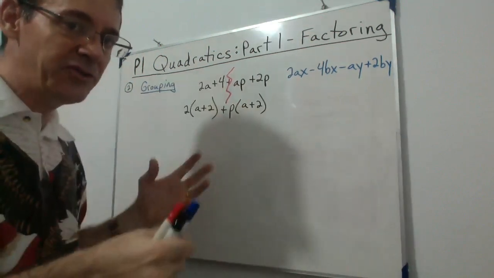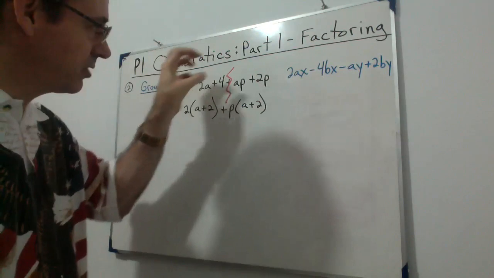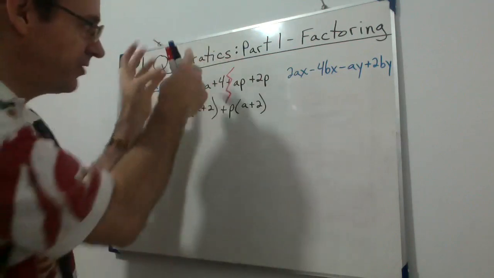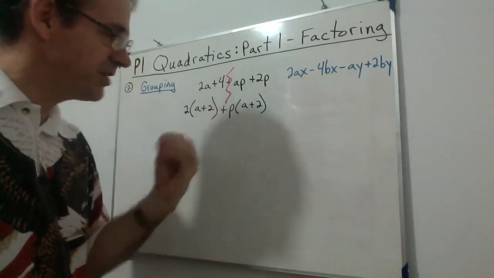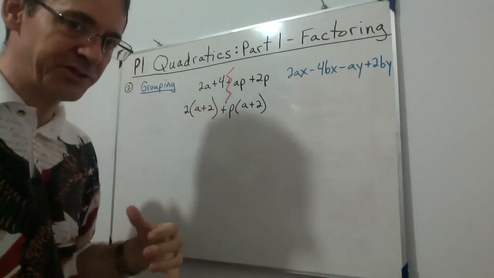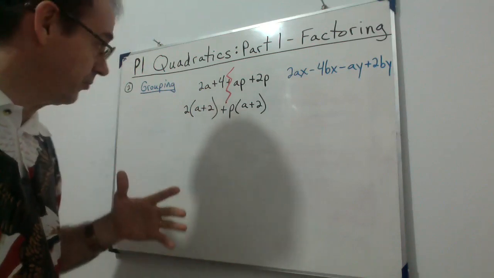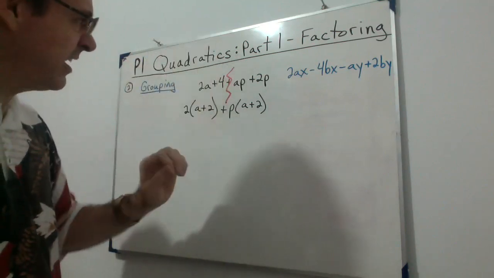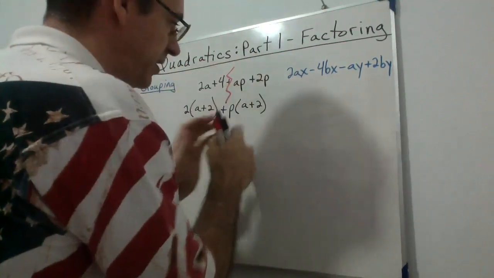So if you need to rearrange your group of 4 so that you can factor this 2 and those 2, you can do that, just in case you run into one of those situations. Usually you don't have to. So in this case, we just cut it in half. This one shared a 2. This group shared the p.